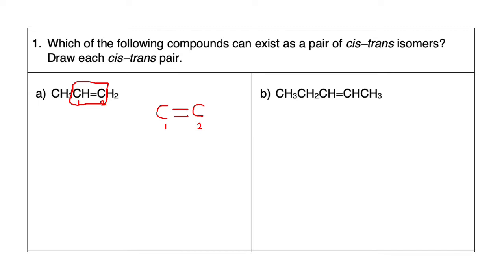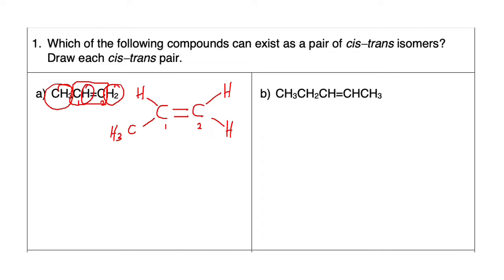Kalau awak lihat C2, Madam ambil C2 terlebih dahulu. C2 is attached with 2H, so you letak macam ni. Okay, buka dia. Manakala C1 attached with 1H and 1 methyl. So, kita lukis dia seperti ini.